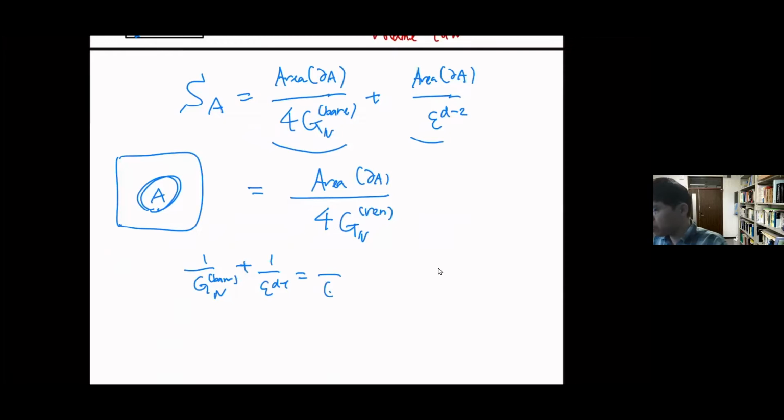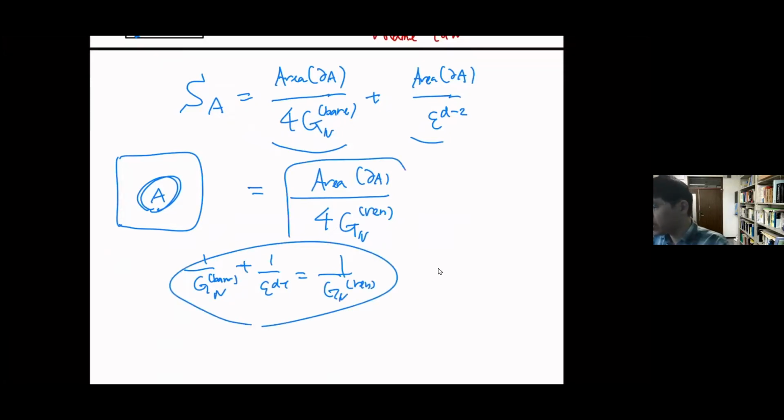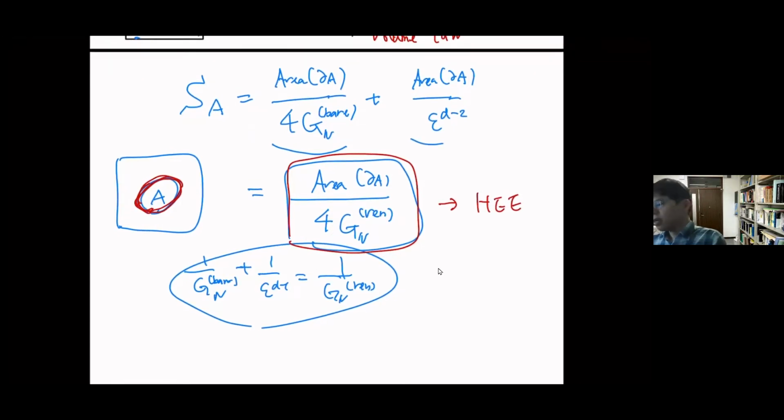So we combine this into a finite renormalized Newton constant. Once you do that, you get a Bekenstein-Hawking-like formula, but not Bekenstein-Hawking, because this is not a black hole, right? It's just an artificial boundary which you put. But anyway, you get this area law form, and this becomes finite. And this is exactly, if we think of this in anti-de Sitter space, holographic entanglement. Does this answer the question?